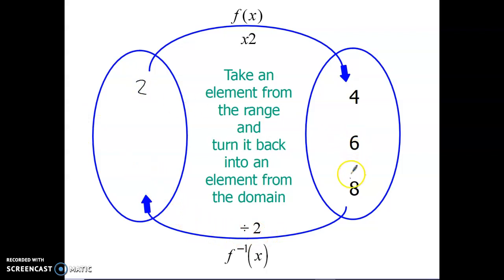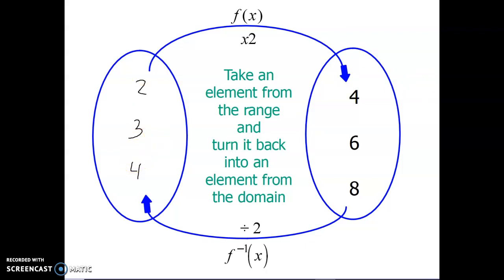Same thing with 6. I'm going to take the inverse of that, and I'm going to get 3. And then 8, if I divide by 2, I'm going to get 4. So a function takes an element from the domain and turns it into an element in the range, whereas the inverse of that function takes its range elements and turns them back into the domain elements.